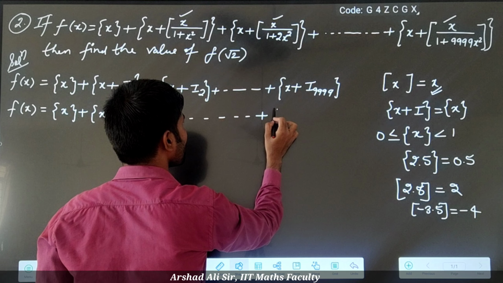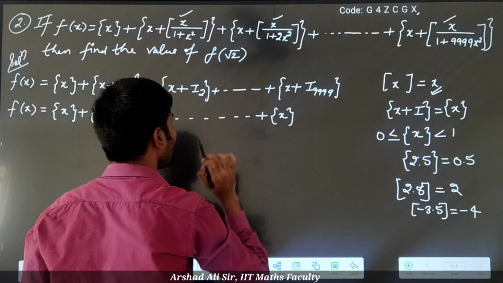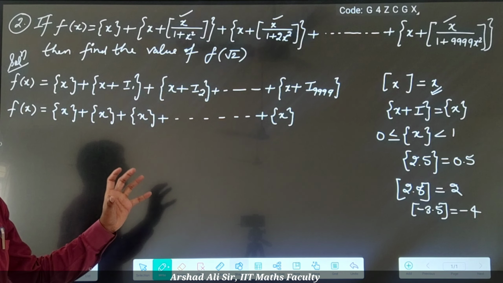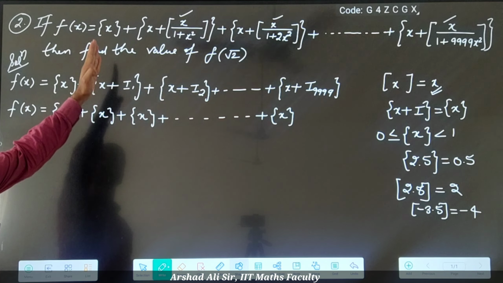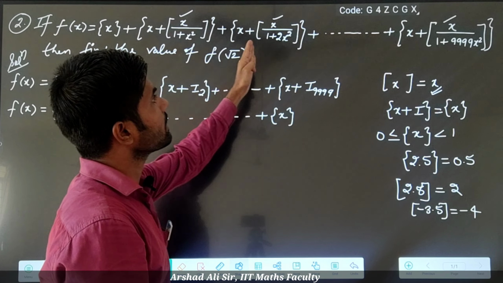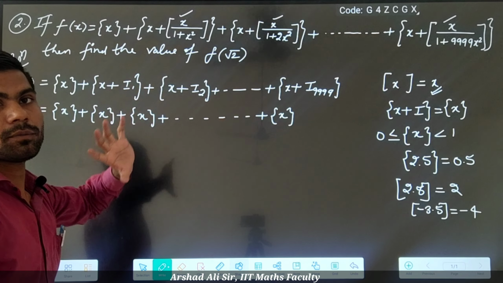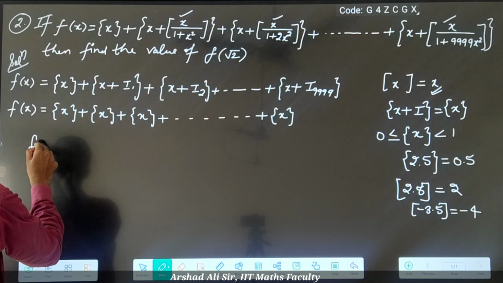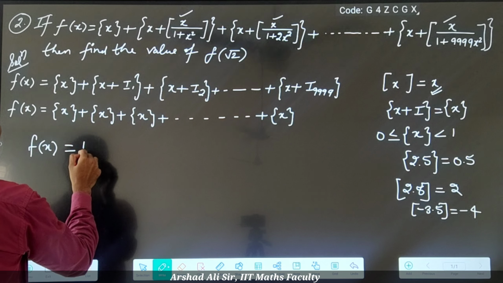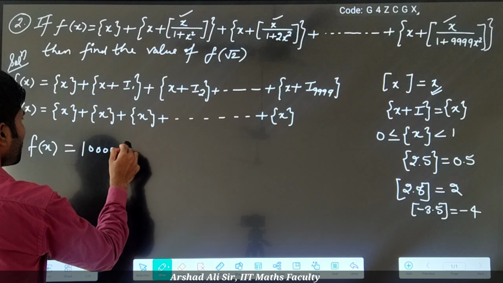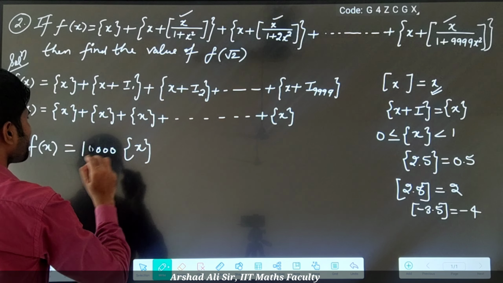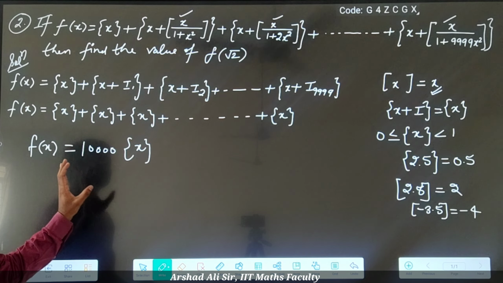Now tell me how many terms are there? Except the first term we have 9999 terms plus one term, so total will be 10,000 terms. So we can write f(x) is equal to 10,000 into the fractional part of x. So it is the shortest value of f(x).